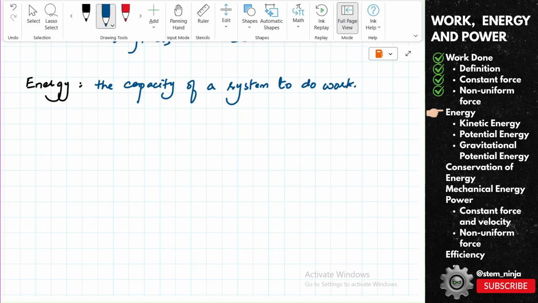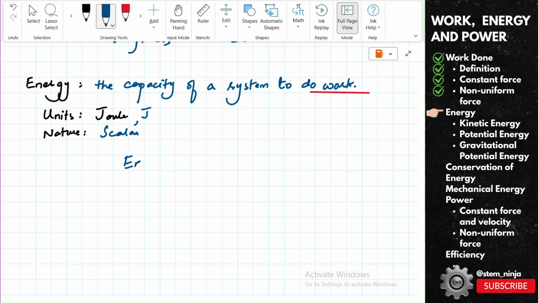For example, we have kinetic, potential, chemical, etc. We are already familiar with the examples. The unit for this is the joule, because as the word suggests, to do work, it's already apparent. The nature of this is the same as work: scalar.